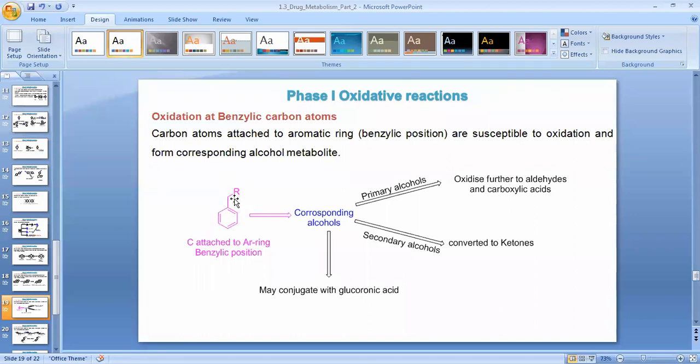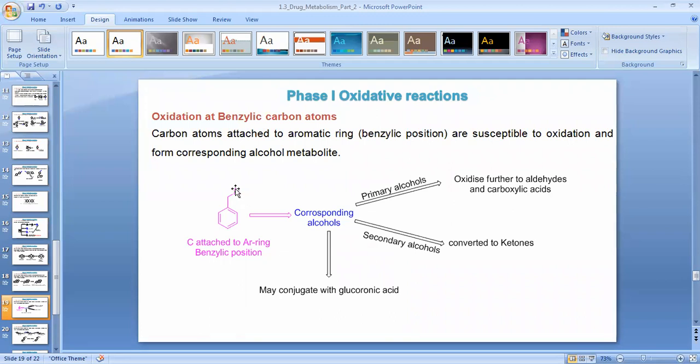When any carbon atom, R or any alkyl group, is attached to the aromatic ring, we call these benzylic carbon atoms. They are susceptible to oxidation and form the corresponding alcohols.